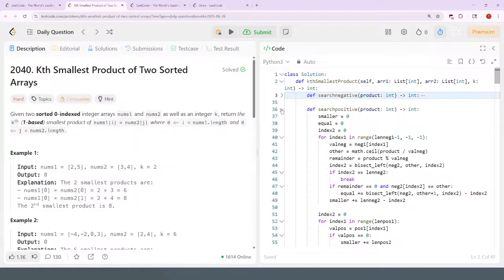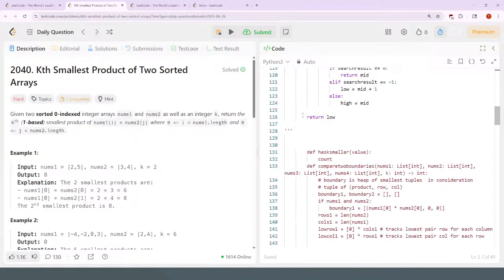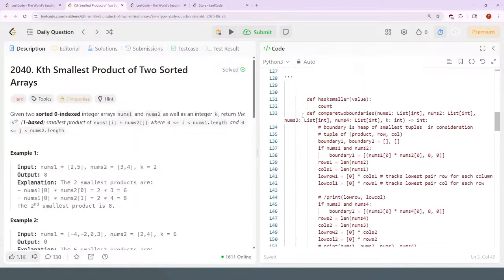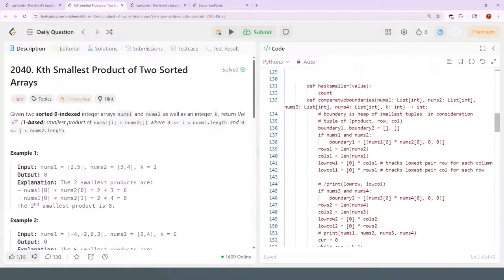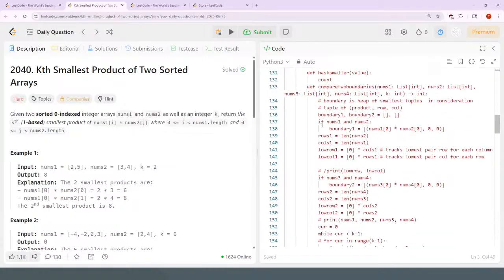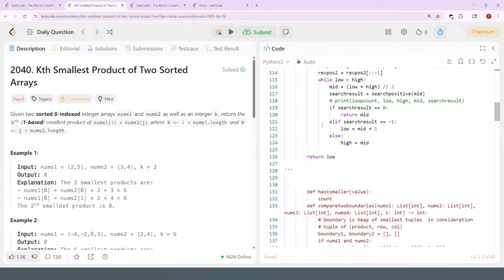So the previous approach I had, which was using a heap to determine the possible next lowest product that you're going to look at and iterate over all the possible products, I tossed that out after I realized it was just not fast enough.